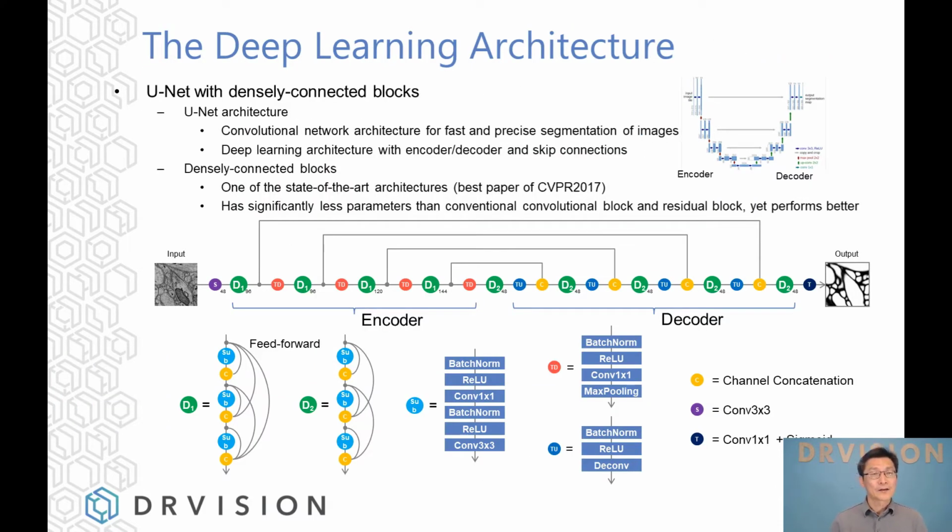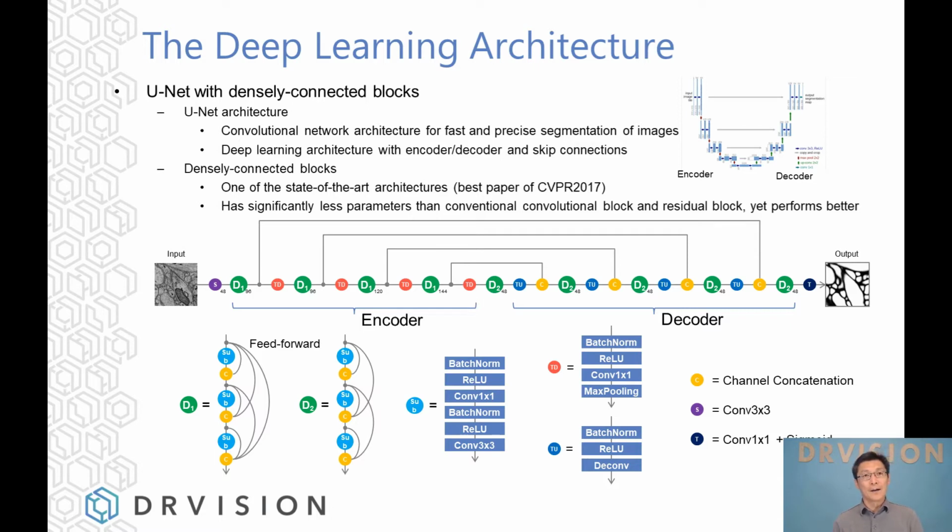Then I'd like to briefly introduce the deep learning architecture in Aivia 6. Aivia 6 uses UNet with densely connected blocks. It's well known that UNet is a conventional architecture for fast and precise segmentation of images.